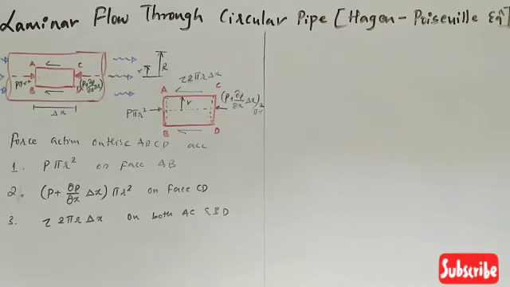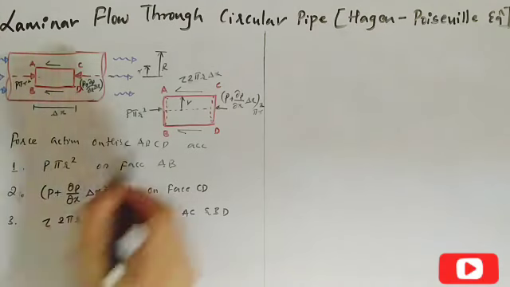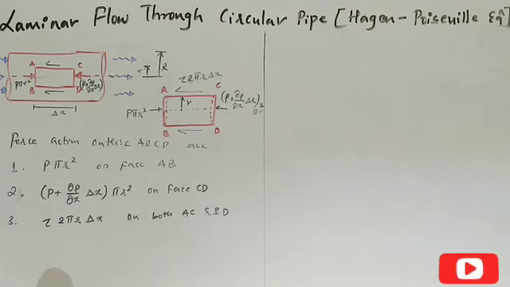Now, as there is no acceleration observed in this flow, the sum of all forces in the direction of flow will be equal to 0. Means the sum of all the forces acting on this element will be equal to 0.